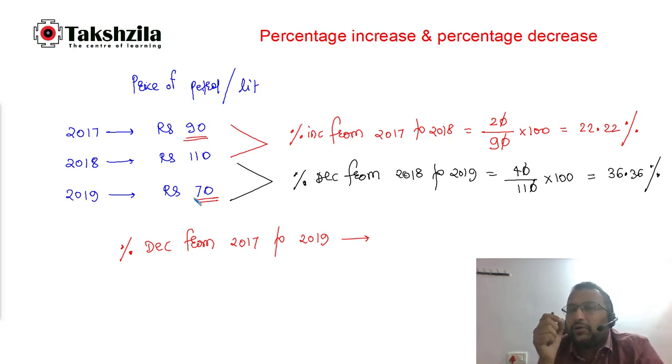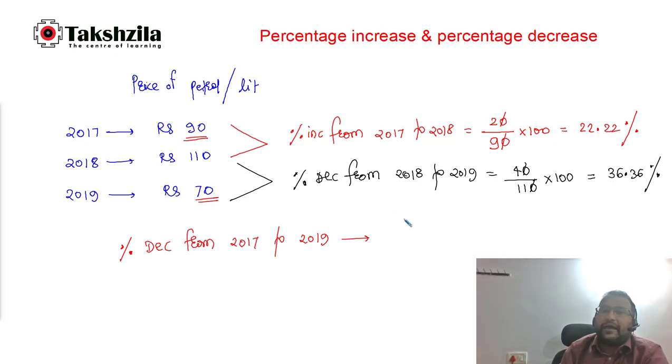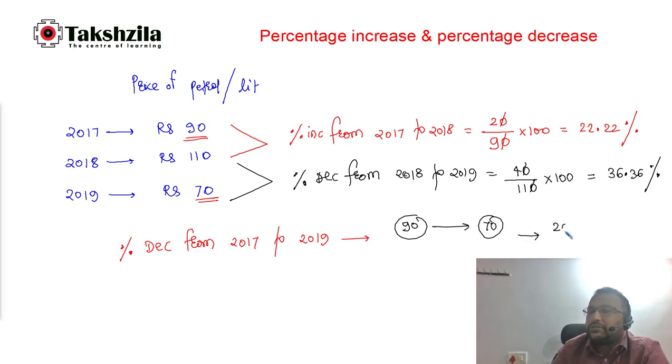We are concerned only with the initial value and the final value. So over here the price 90 becomes 70. So there is a decrease of 20 rupees on 90 rupees, into 100. So this is how much? This is 2 by 9, that is 22.22% is the overall decrease.